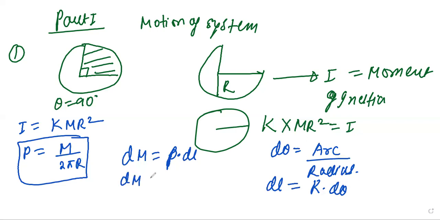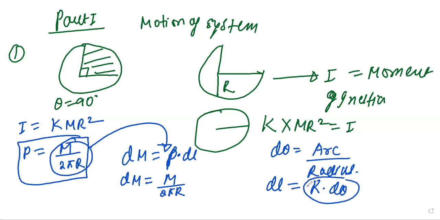So dm is equal to m upon 2 pi r, which I have used here, and dl will become r into d theta.